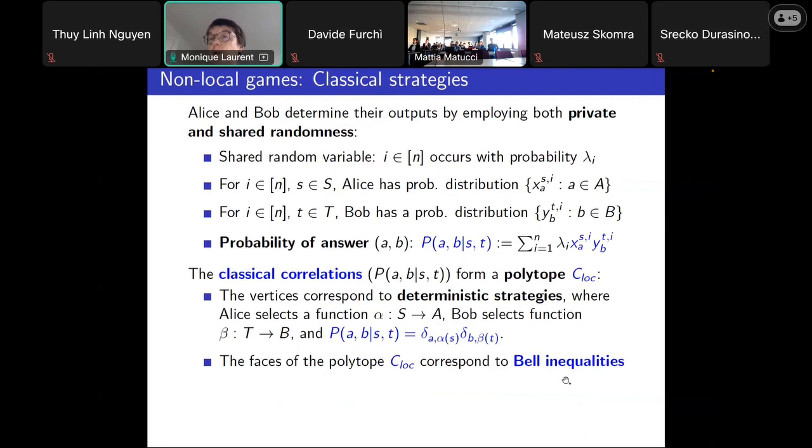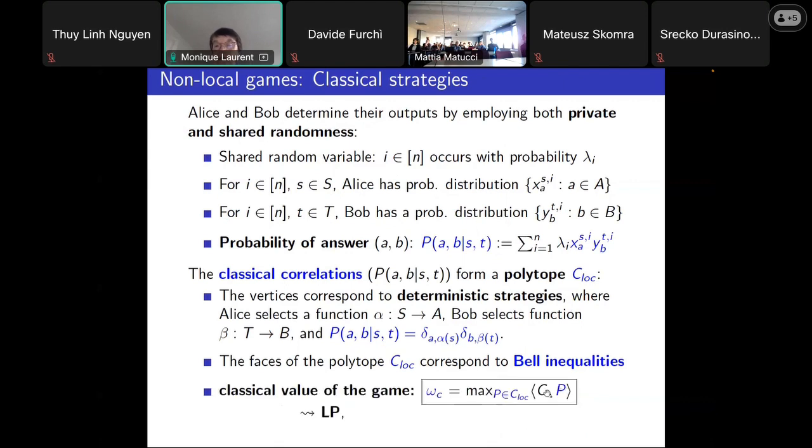So a Bell inequality is nothing but an inequality of the form: the inner product of C and P is at most the maximum over the set of classical correlations. So ⟨C, P⟩ ≤ omega_C is a Bell inequality, where omega_C is defined as the maximum value. So one is interested in understanding what this maximum value over the set of classical correlations is. This is denoted omega_C, C for classical. And this is the classical value of the game.